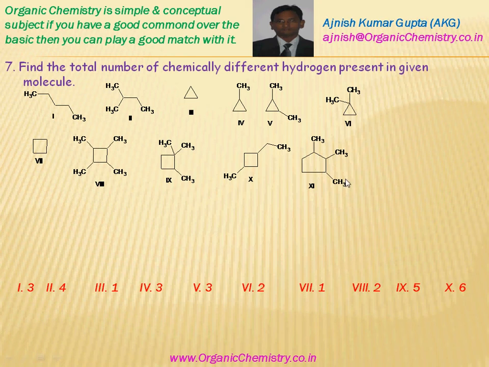So the environment of this carbon and the environment of this carbon are different. So replacement of any hydrogen with any atom or group will give different chemical nature. So the molecule has 1 for this and this, 2 for these two, 3, 4 and 5, because hydrogen present over this position and this position have the same chemical nature.